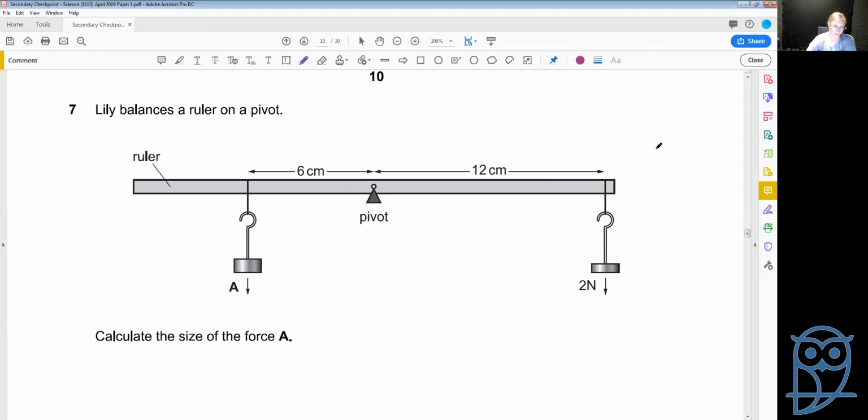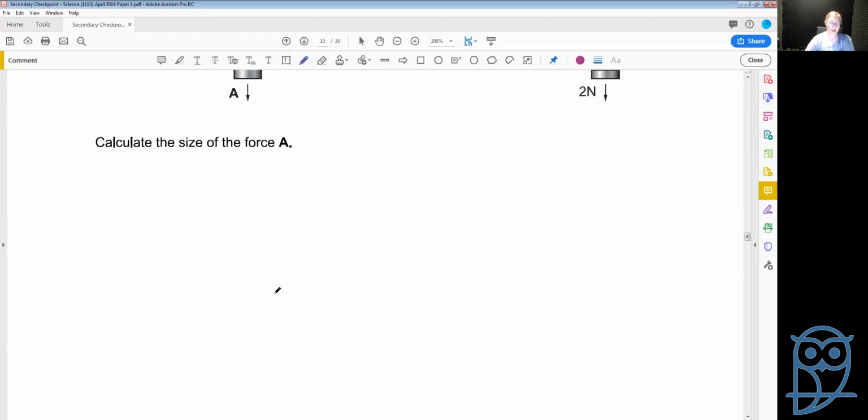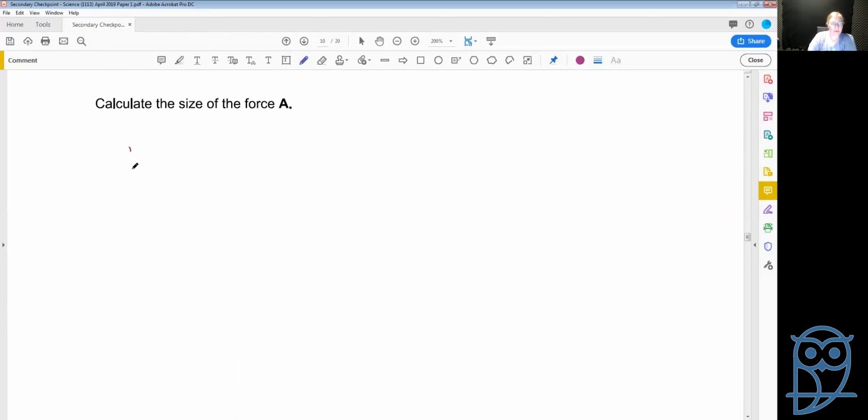So Lily balances a ruler on a pivot, and we need to calculate the size of this force over here. So this has to do with mechanical advantage. Mechanical advantage has 2 formulas, and the first one is the input length over the output length.